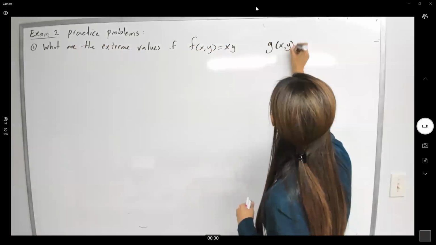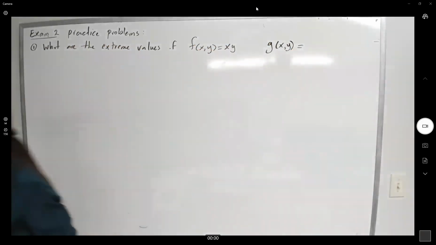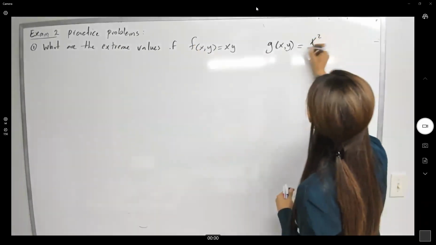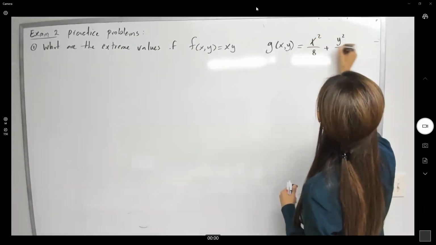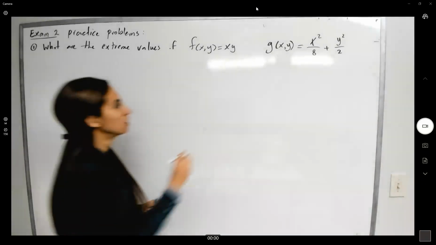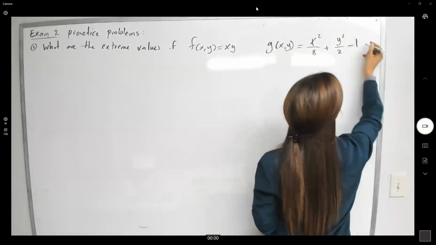The constraint function g is x squared divided by 8 plus y squared divided by 2, minus 1.